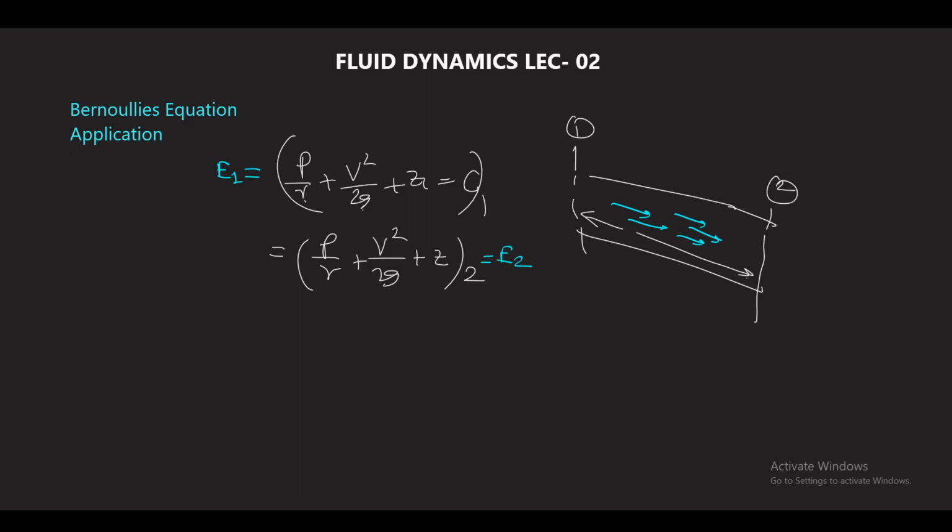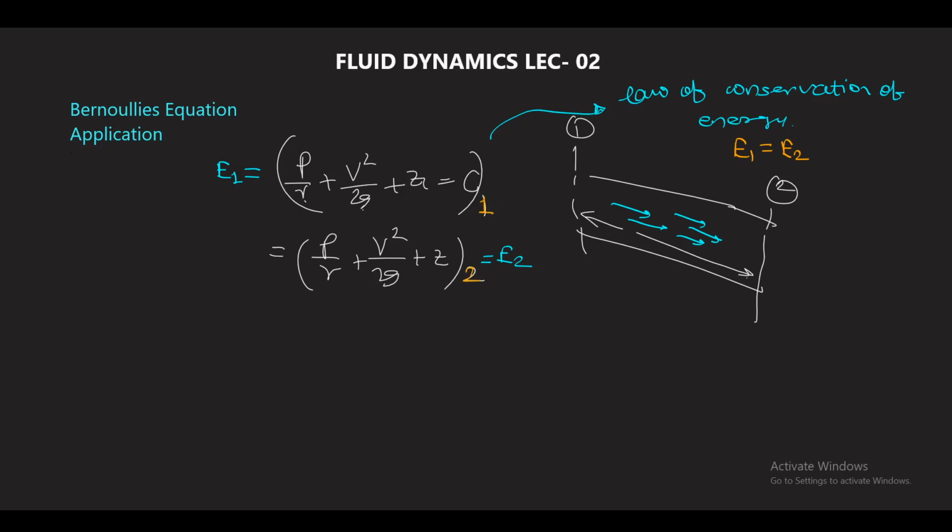Applying Bernoulli's equation, which is nothing but the law of conservation of energy, energy at point 1 is equal to energy at point 2. That is, the energy at one section remains constant at section 2 as well. So E1 is equal to E2.